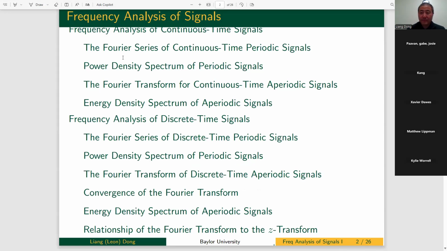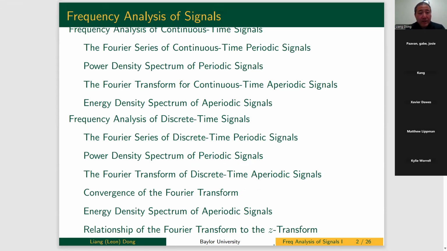All right. So for this chapter, the outline is I'm going to go through the frequency analysis of continuous time signals, including the Fourier series of continuous time periodic signals, power density spectrum, the Fourier transform for continuous time aperiodic signals, and energy density spectrum of aperiodic signals. So different categories, we are getting the details of the Fourier domain. And then we will have a frequency analysis of discrete time signals.